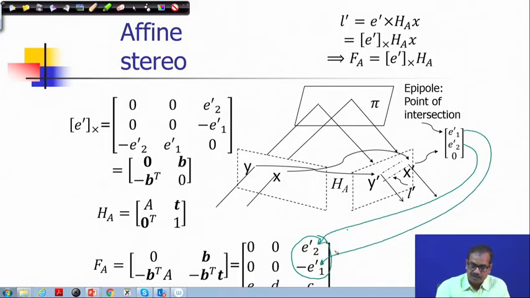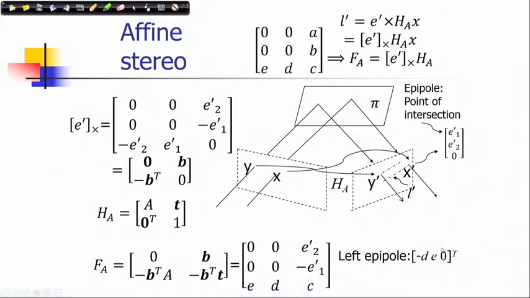Similarly, the values of the left epipole will be in the row. So, the left epipole will be similar, and the right epipole is given by (minus E1 prime, E2 prime, 0). So, from the structure of the affine fundamental matrix, epipoles are very easily determined, as we can see.